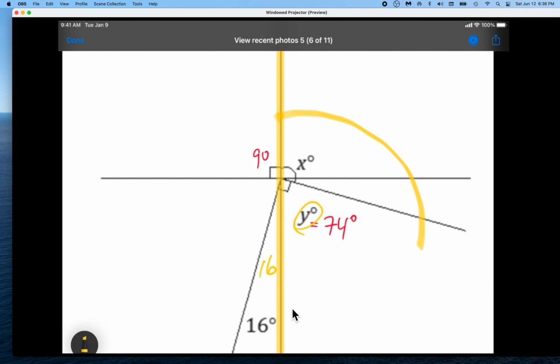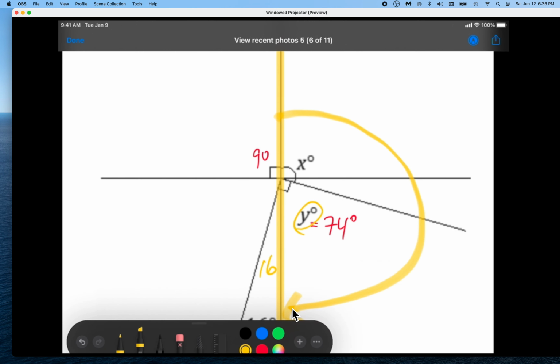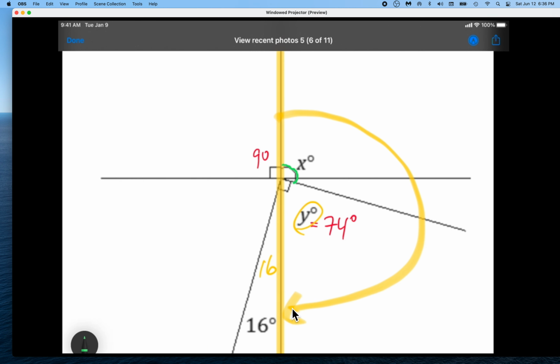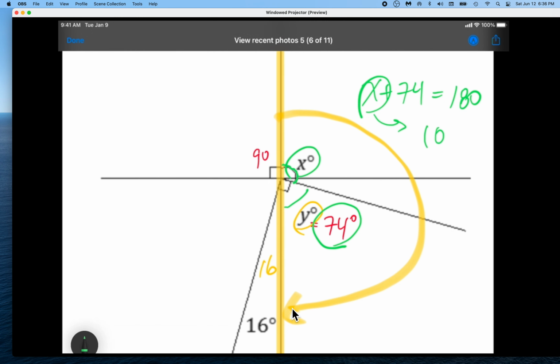That means this distance has to be 180 degrees. We have x from here to here. We have this being y. Therefore, x plus y has to equal 180 degrees. X plus 74 has to equal 180 degrees. That means x has to be 106 degrees.